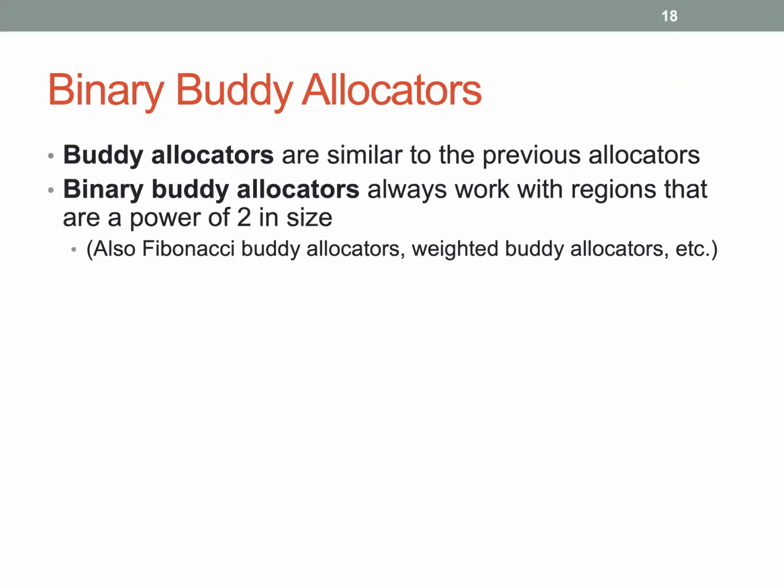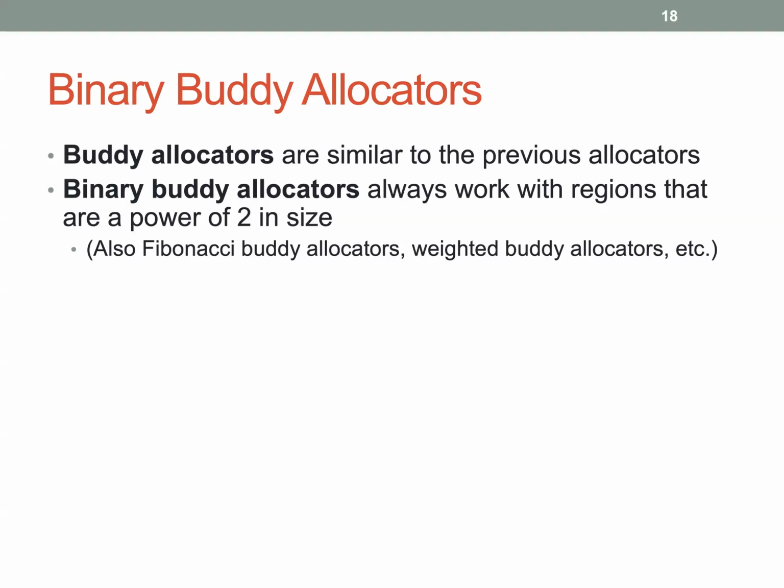Binary buddy allocators are buddy allocators that work specifically with power of 2 block sizes. And you might tell from the fact that there are binary buddy allocators that there are also other kinds of allocators that fall into this buddy allocator family. If you're curious, you can dig into it, because there's a lot of interesting options in how buddy allocation is done.